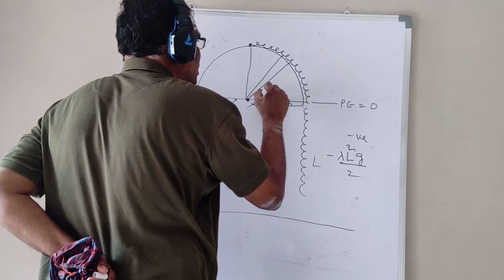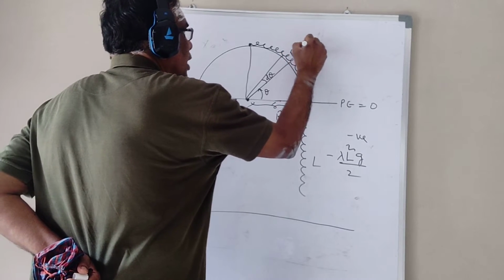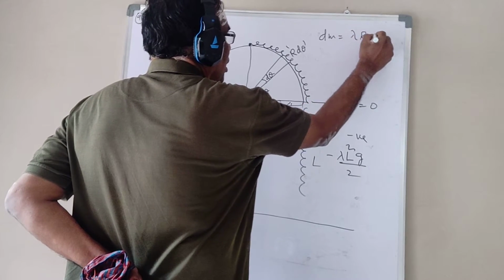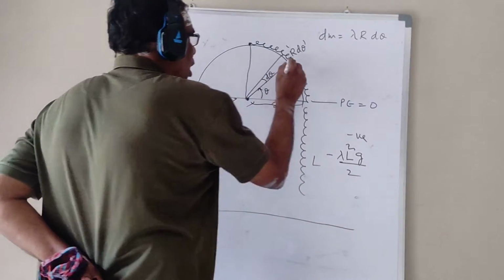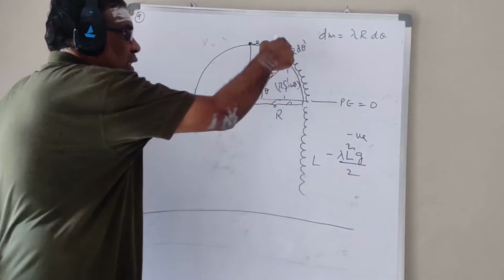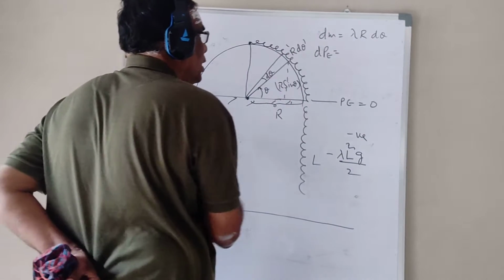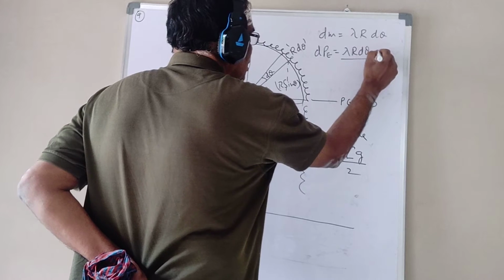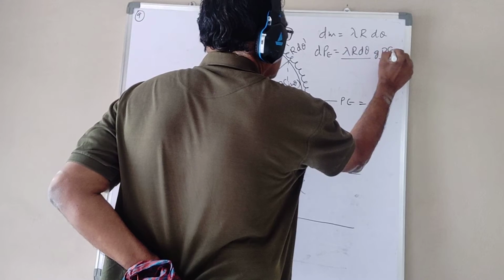Let us say this is theta, this is d theta, therefore length is r d theta, the mass is lambda r d theta. What is the height of it? R sine theta. So therefore, the potential energy of this elemental mass is dm g h, and h is R sine theta.